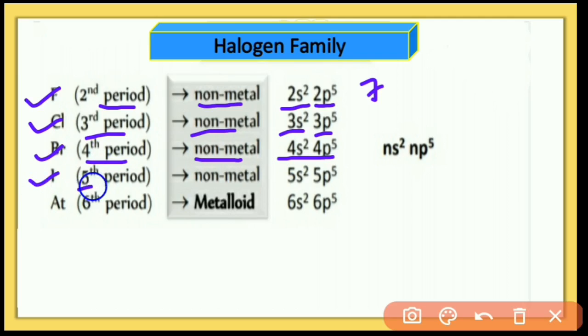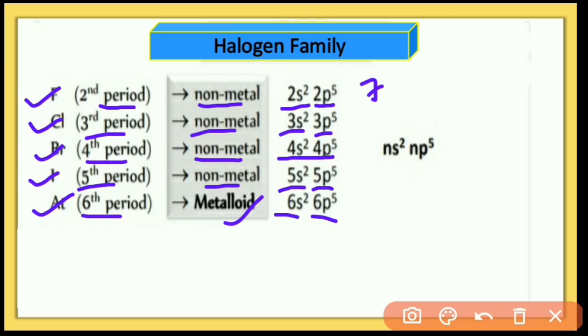Iodine belongs in fifth period. It is also non-metal. Its valence electronic configuration 5s2 5p5. Next, astatine, it belongs in sixth period and it is metalloid. It means it shows both metal and non-metal properties, and its valence electronic configuration 6s2 6p5.